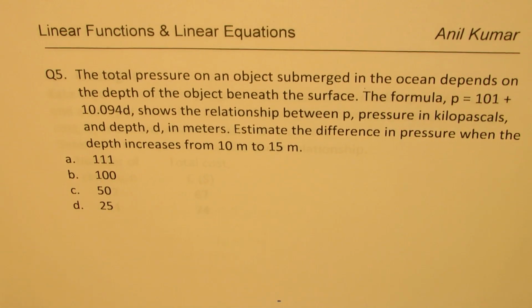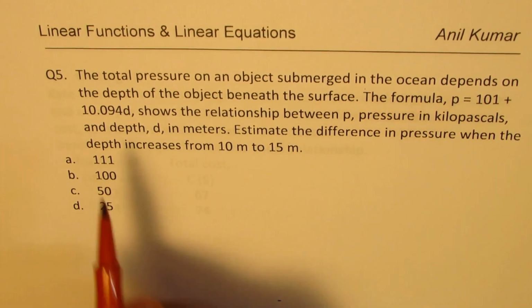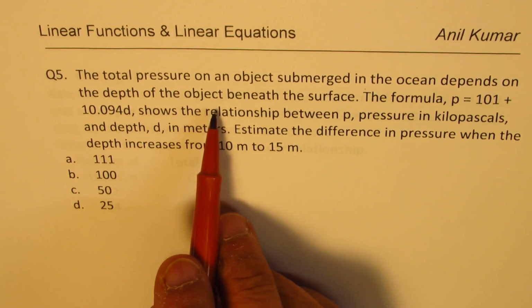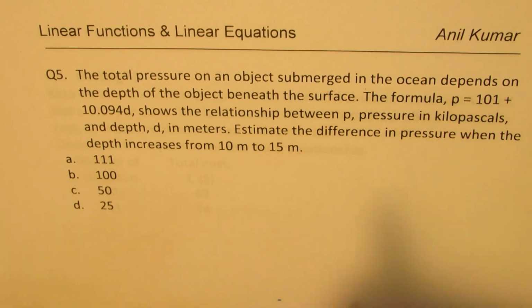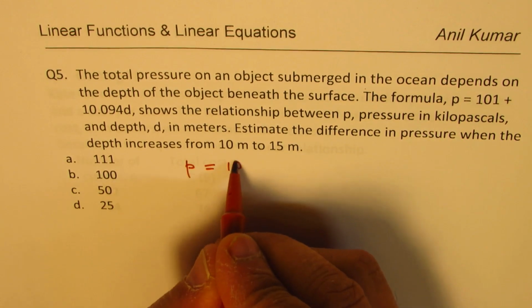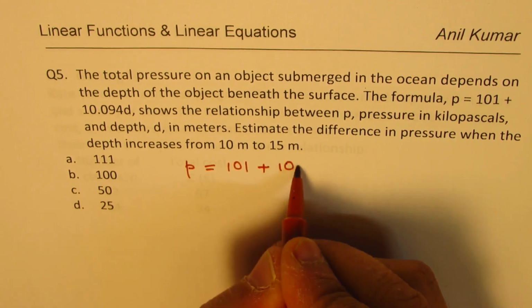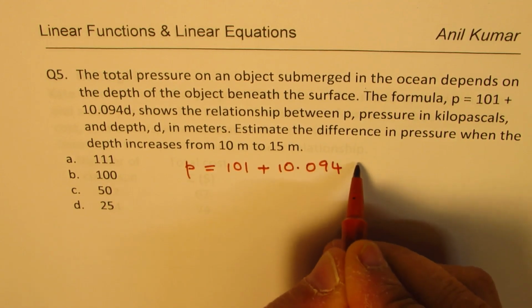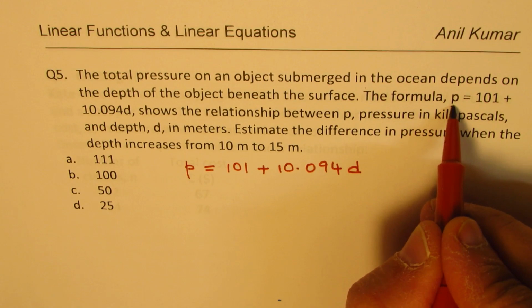Question number 5. The total pressure on an object submerged in ocean depends on the depth of the object beneath the surface. The formula is P equals 101 plus 10.094 D. Right? So that is the formula given to us.